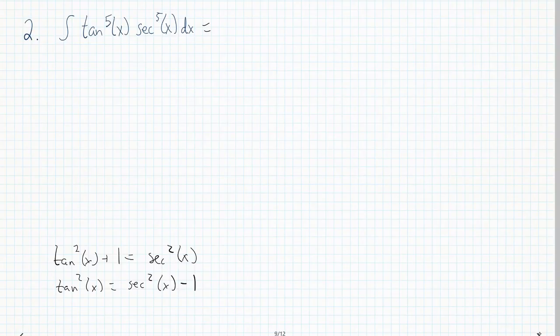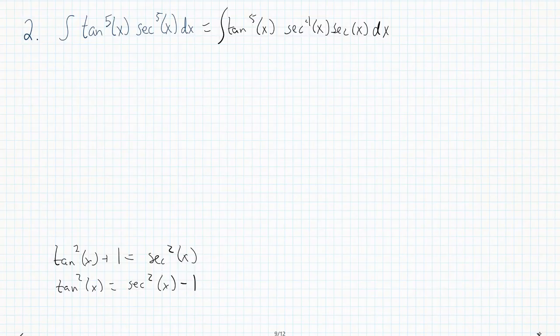In this case, let's try and get a secant squared x out of this. Well, notice you can write this as tangent to the 5th x. We can factor out a secant to the 4th x times the secant x. Now, why would we want to do that? What's the whole purpose here? Well, notice we have a secant, and in terms of what we're looking at, there's a couple different ways we can approach this.